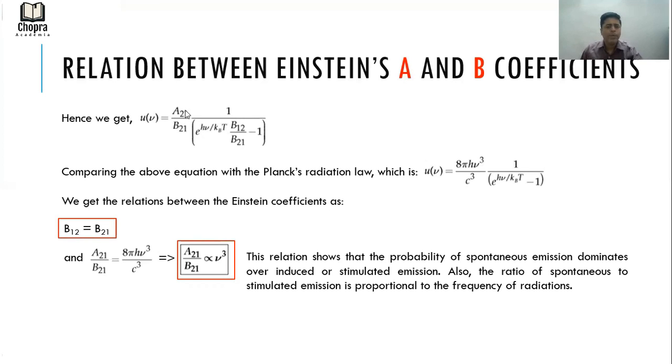What we understand is that this relation shows that the probability of spontaneous emission dominates over induced or stimulated emission. Also, the ratio of spontaneous to stimulated emission is proportional to the frequency of radiation. So these are very important relations if you want to understand the working of lasers. Thank you.